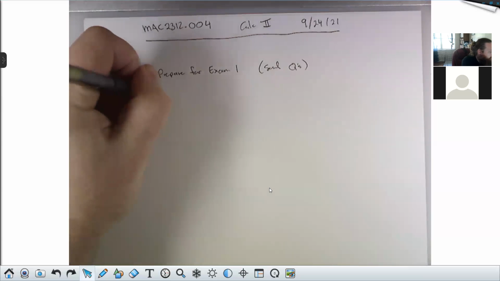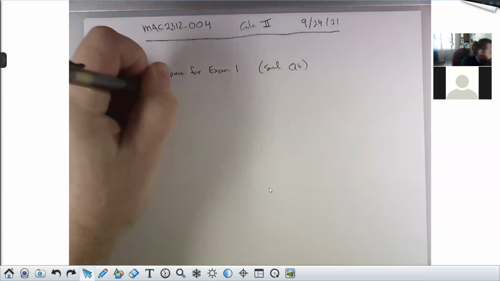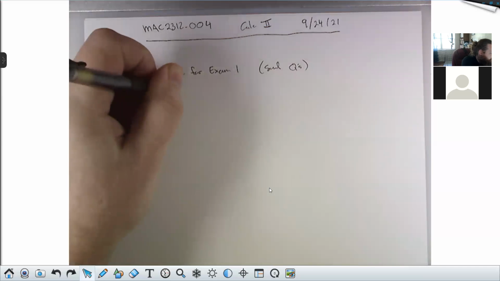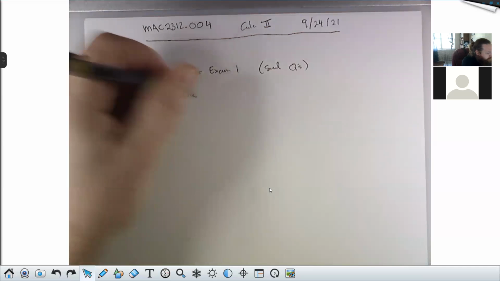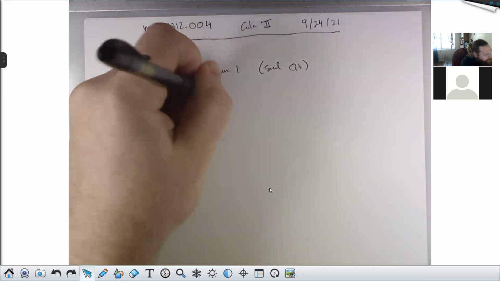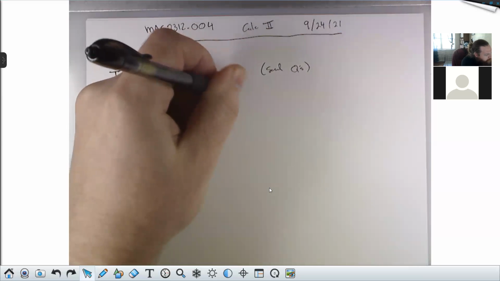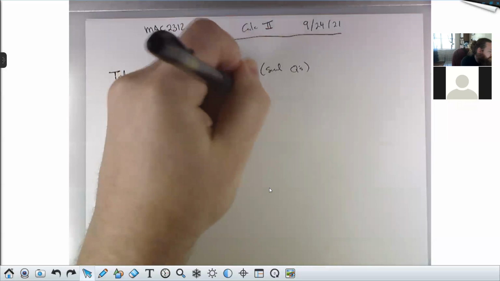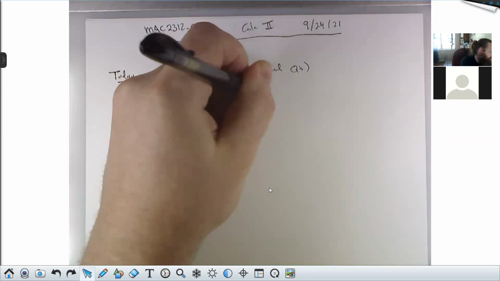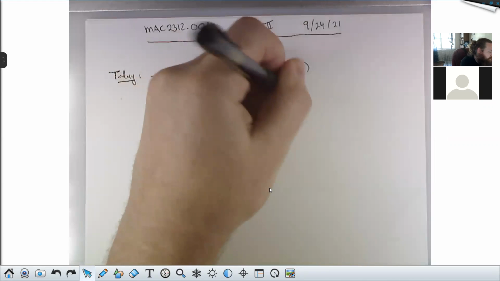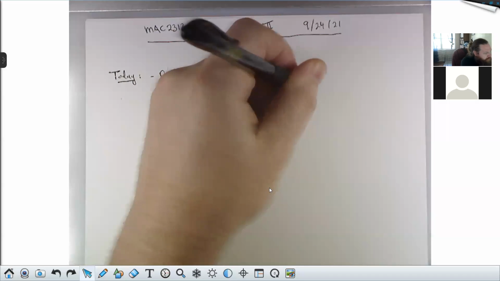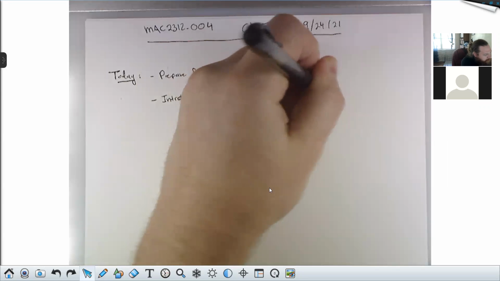The other thing I'd like to do is introduce the concept of an improper integral, which is section 7.8.